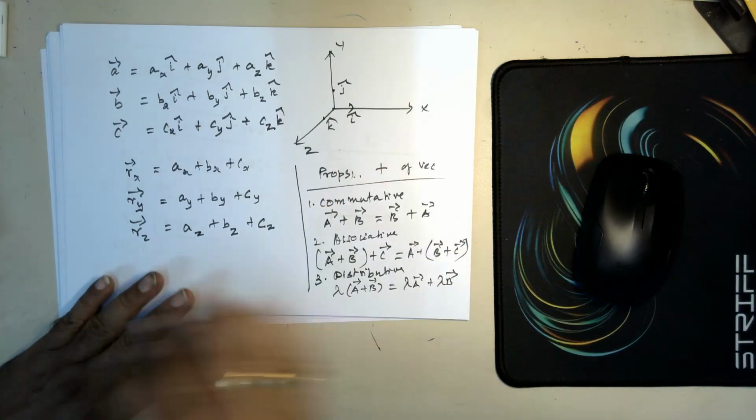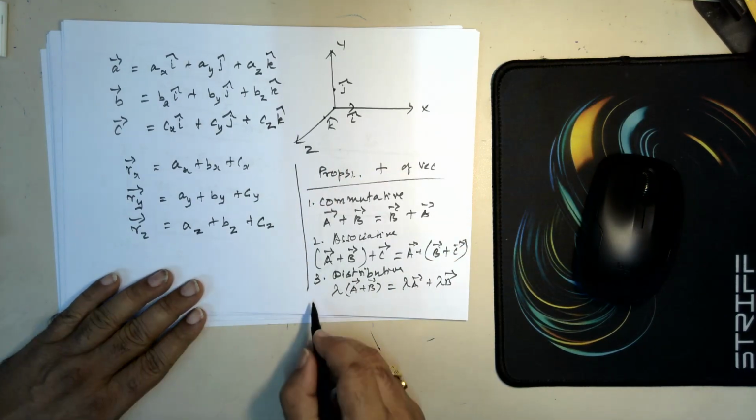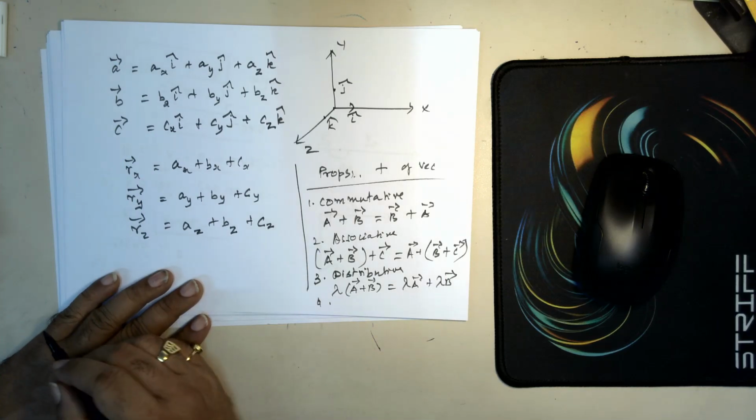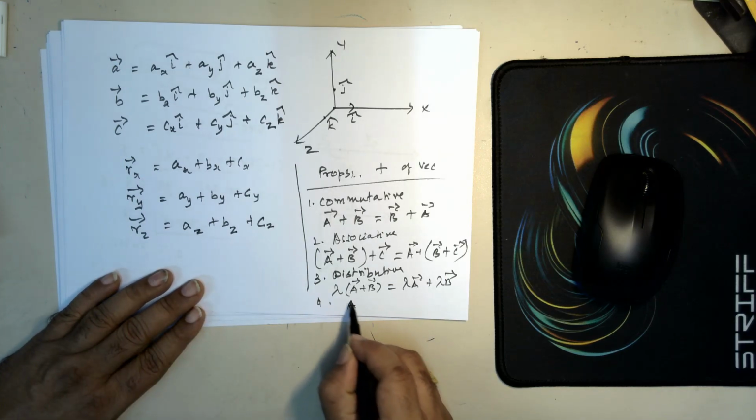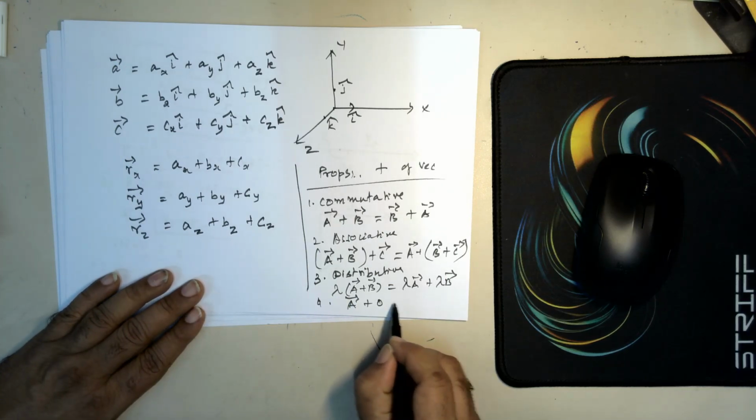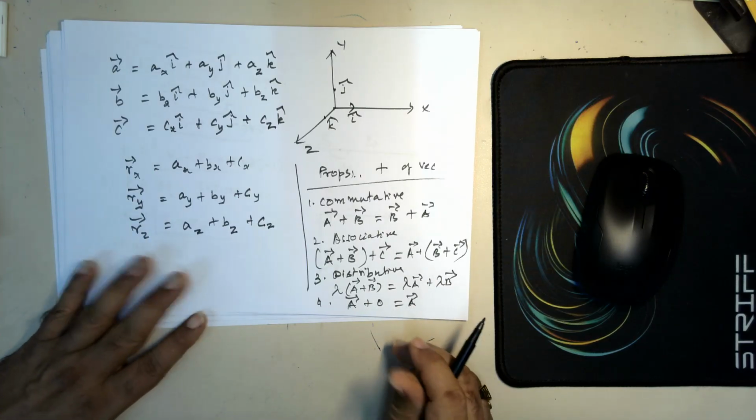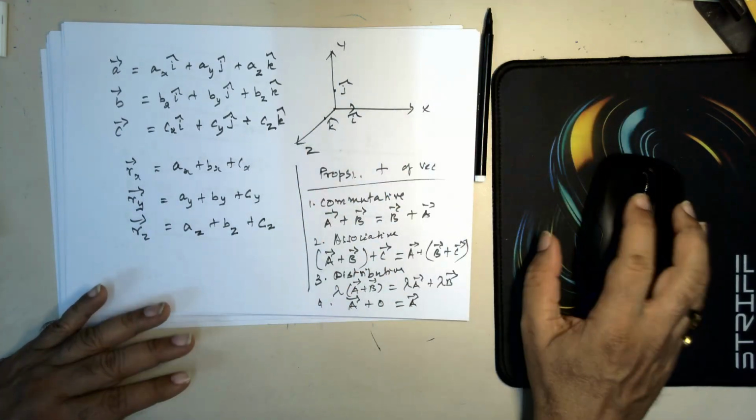So these are the essential properties. And you have got a fourth property also: you get the same vector when it is combined with the null vector. So that is equal to the A vector only. All these four are very important.